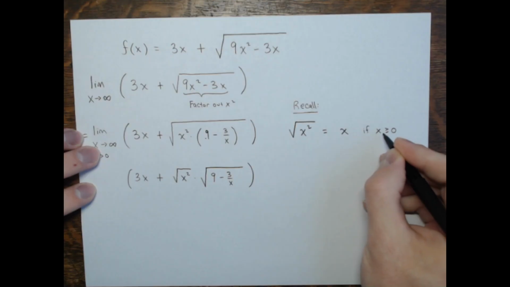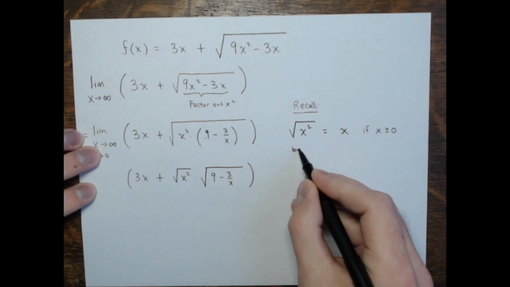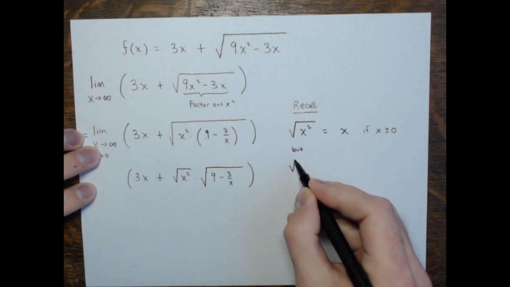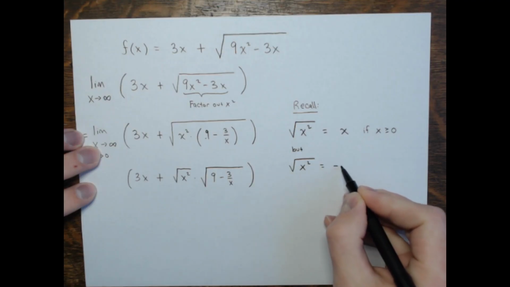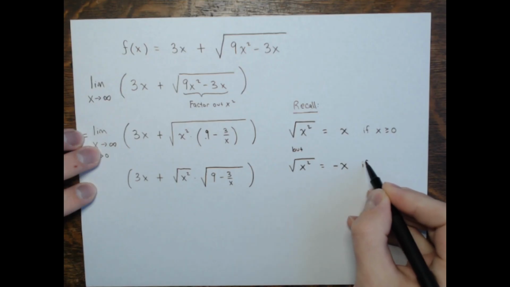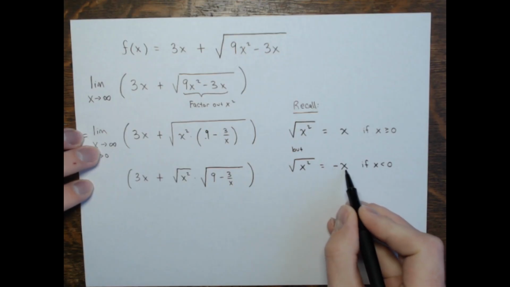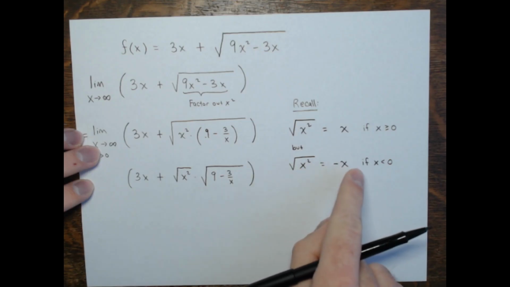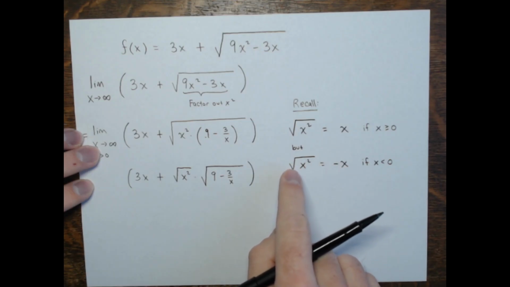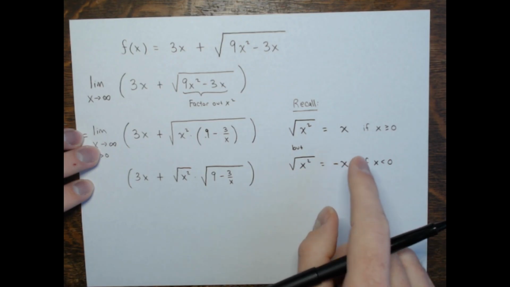So if x is positive or 0, then you can undo them. But remember, the square root of x squared was the opposite of x if x was a negative number. Because if x is negative and I wrote just x, that would be the negative square root, but you want the positive square root with this symbol. So to make it positive, take the opposite.